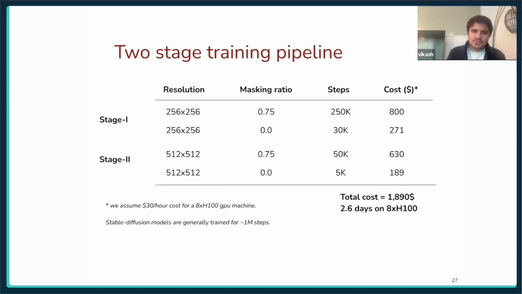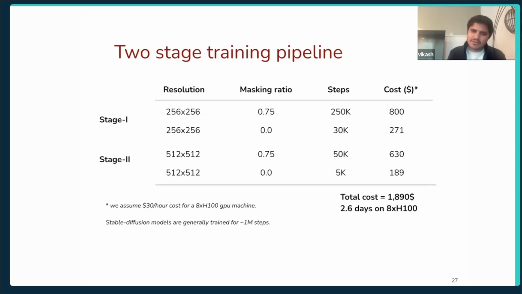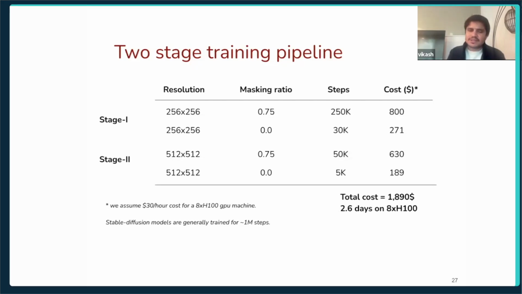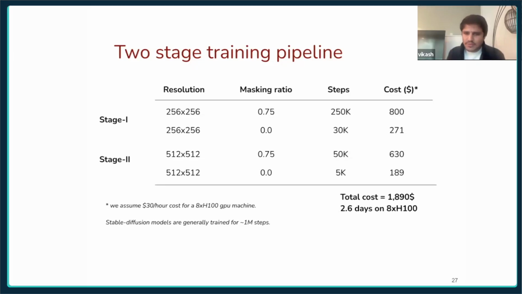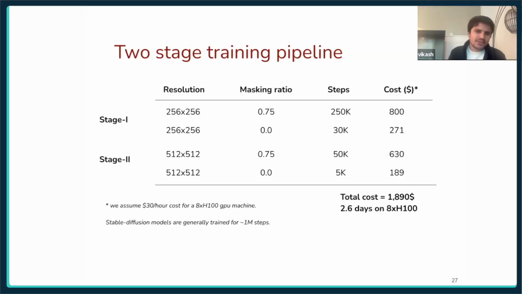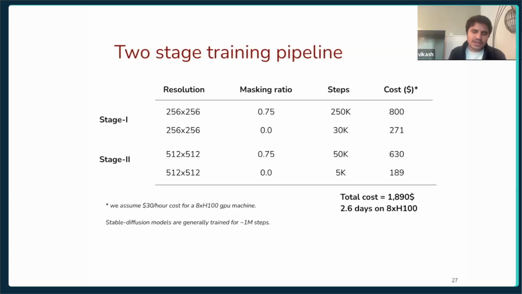This was to balance out any of the artifacts mask training might have left, because at 75% masking, the model in none of the cases has seen the full image. So there might still be some gaps in the model's understanding of what real world images look like. This wasn't completely necessary, as we saw when we did a quantitative analysis, but there might be unknown artifacts that we can miss in our quantitative analysis.